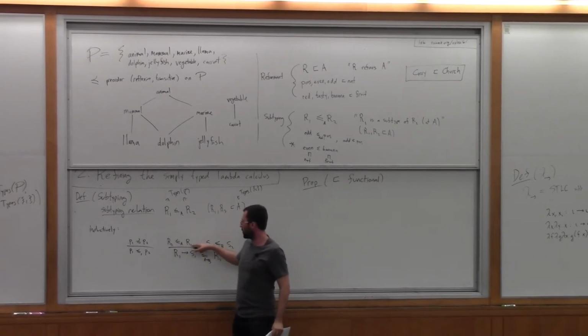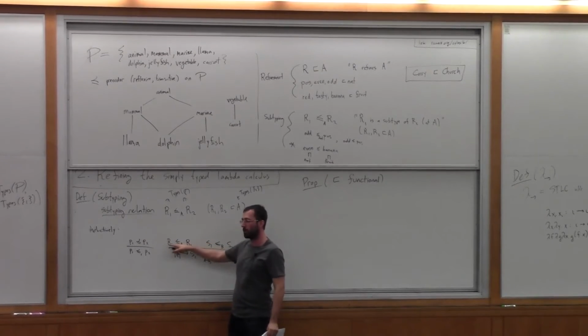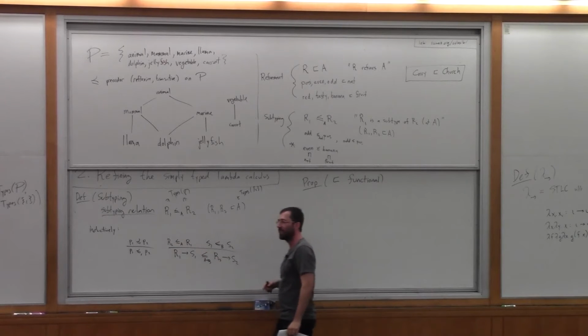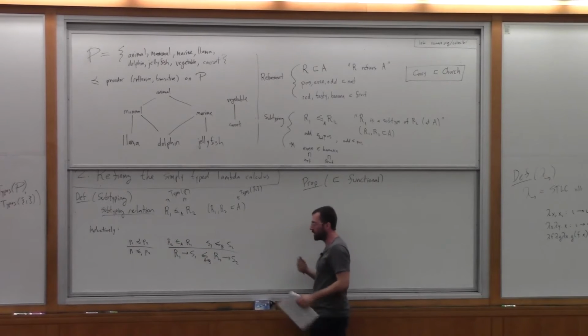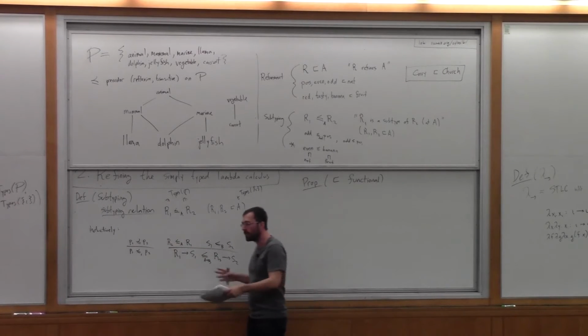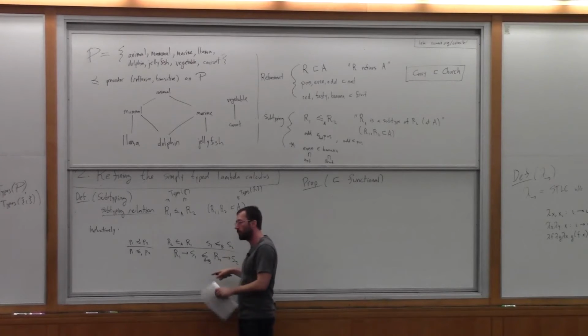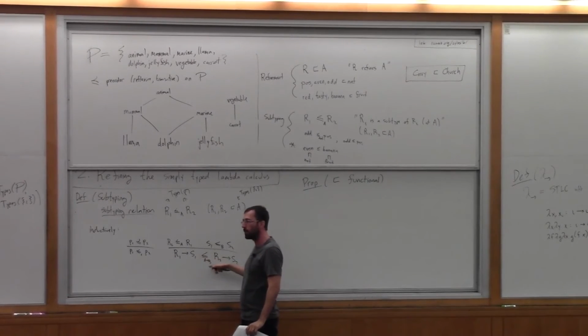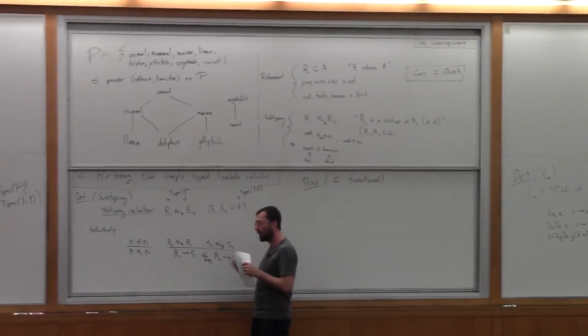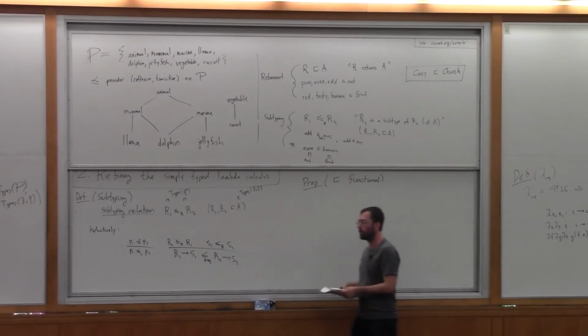Yes. The intuition is that this is saying something about functions from A to B: if they take R1s to S1s, then they also satisfy this property, that they take R2s to S2s, and this turns out to be the right rule.